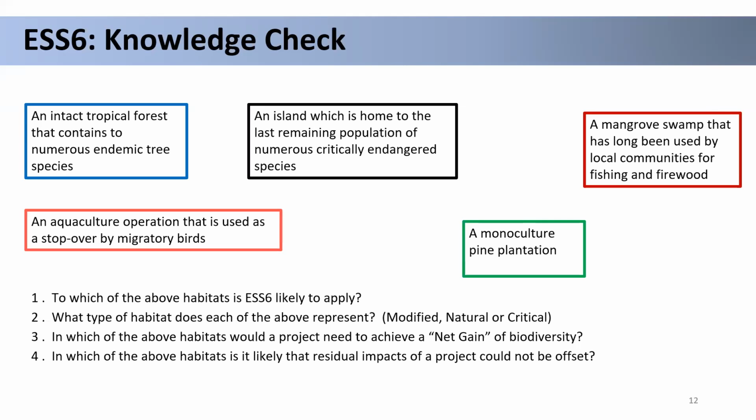So what does this mean? If you have a project and you have some impact on biodiversity, and in one of these cases you cannot offset it somewhere else because it's unique to this place, and there are probably no other solutions.